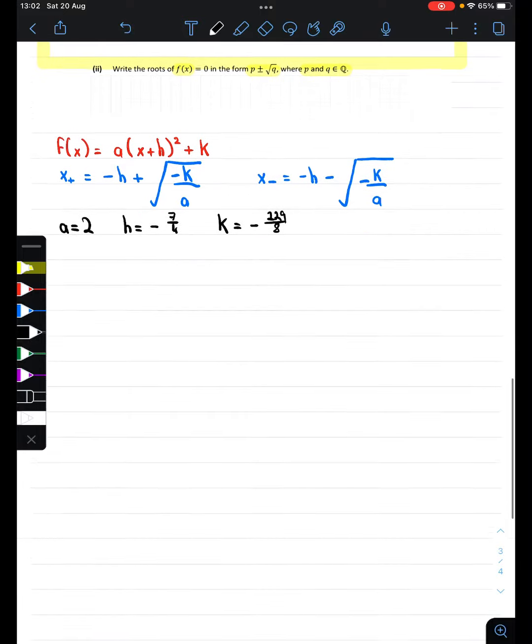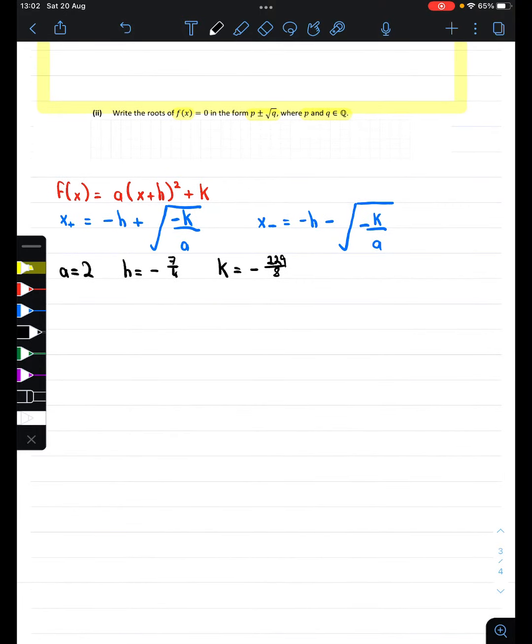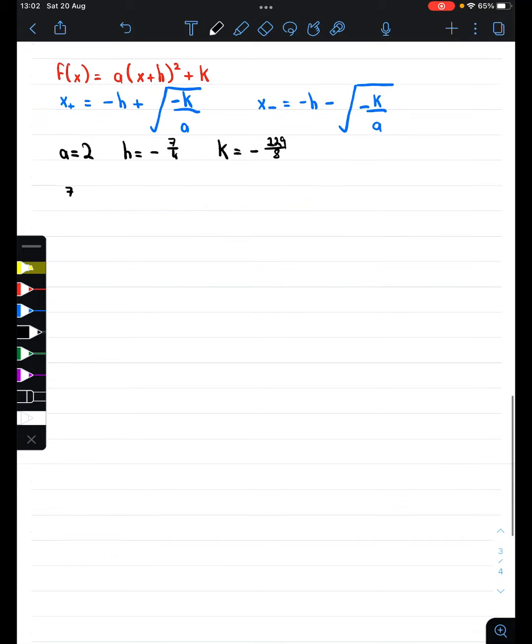So if we plug that in, for the first one we get x plus equals 7 over 4 plus the square root of minus 129 over 8. Sorry, minus this, because it's minus k, all over 2.